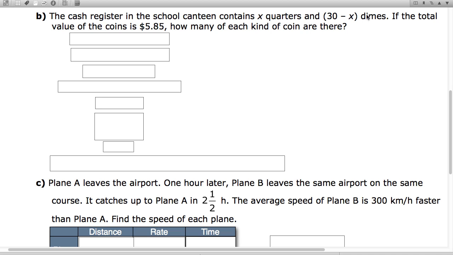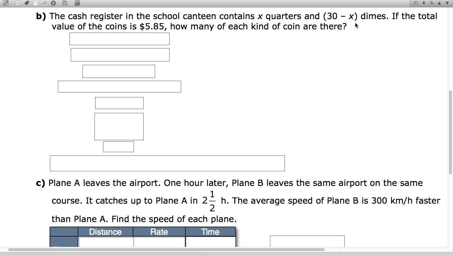So notice that when we have 2 kinds of coins, if we have a total number of coins that we know, we can always say that there are x of one type of coin and the total minus x of the other type of coin. So that's just a little bit of advice for you as you're trying to do some questions in the textbook, because they're maybe not going to give away what x should be in your word problems.